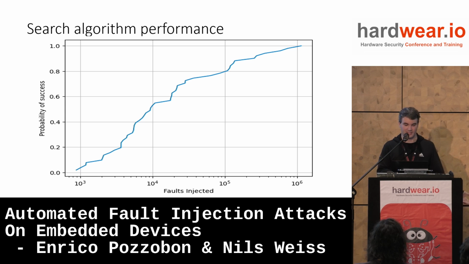Half of the time it took less, and half of the time it took more. This is pretty good, I think, because on a good target we are injecting around 5 faults per second. We are mostly limited by the ChipSHOUTER itself getting hot, and that is our limitation.